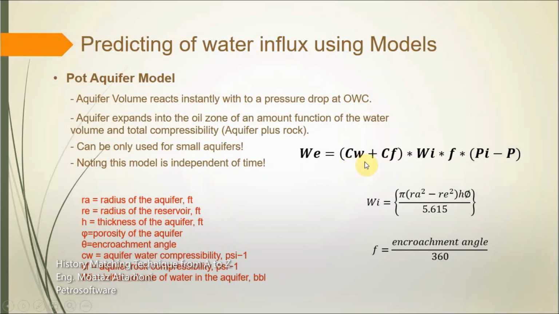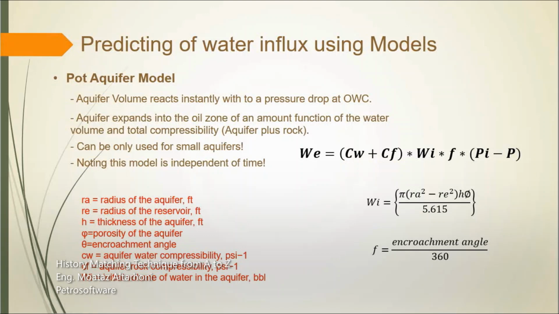I cannot predict the right value of water compressibility and rock compressibility for our aquifer, because we have high uncertainty in this area. We don't have any wells in our aquifer, so it will be predicted and changed, then we compare that with our history matching.